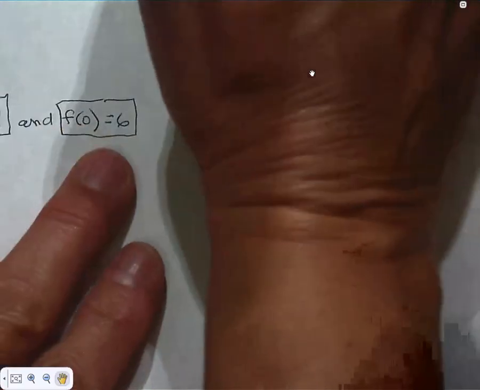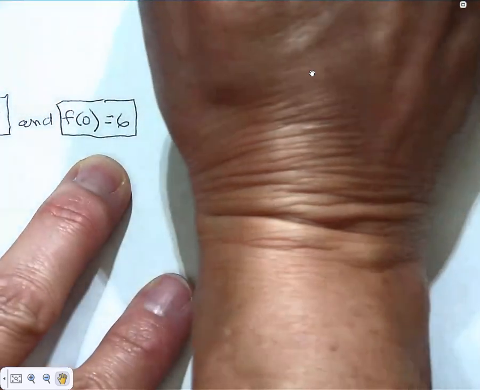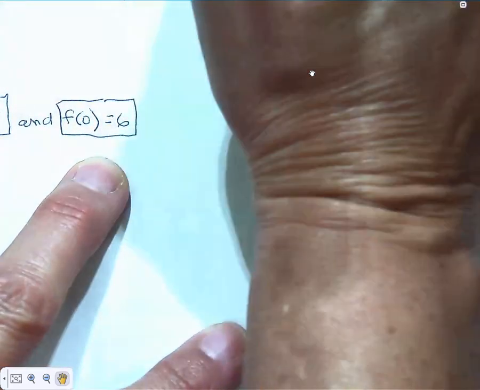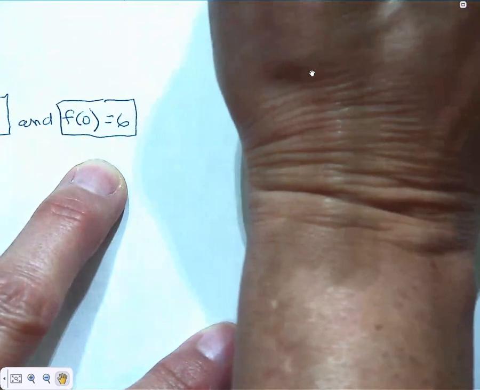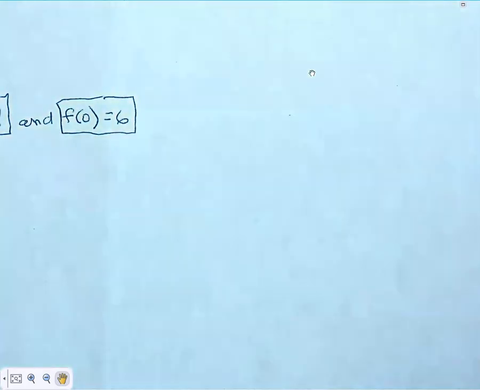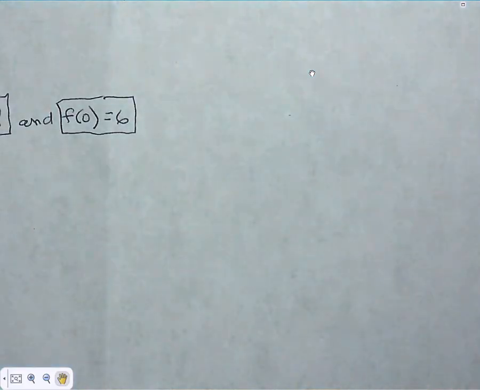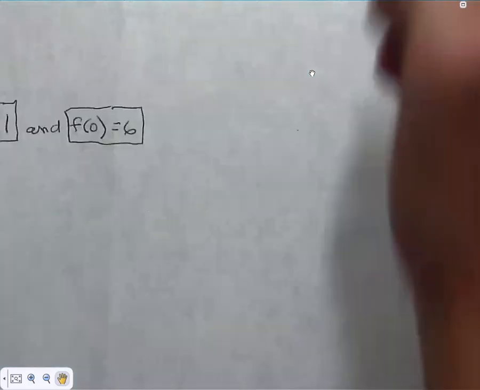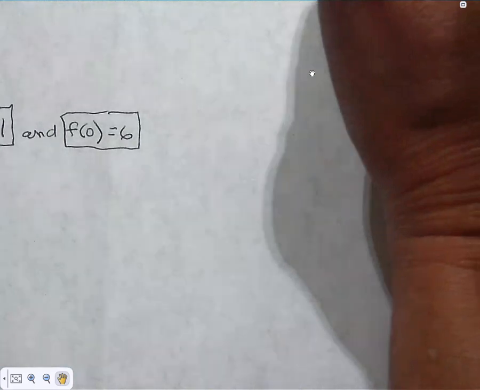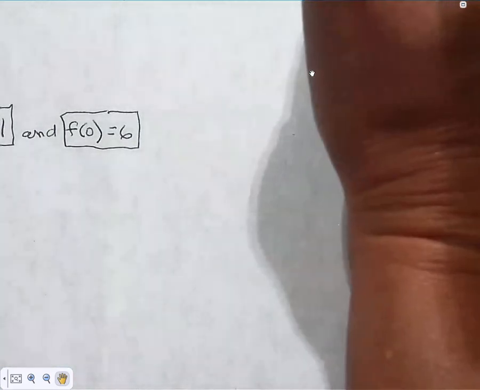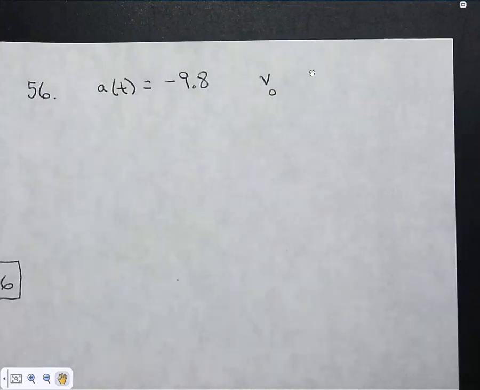All we're given is the acceleration function. A of t is negative 9.8. And the other thing we're given is the initial velocity is 10 meters per second. We could use v sub 0.